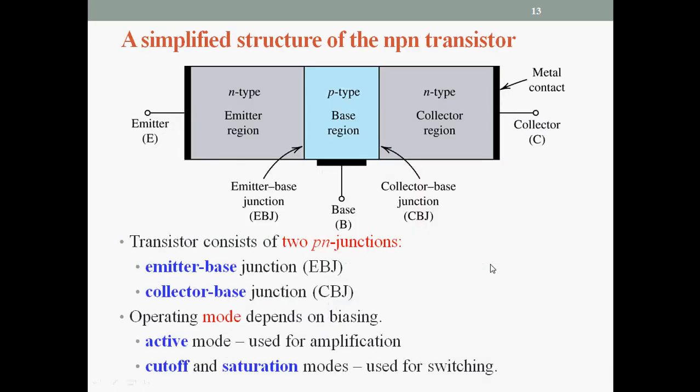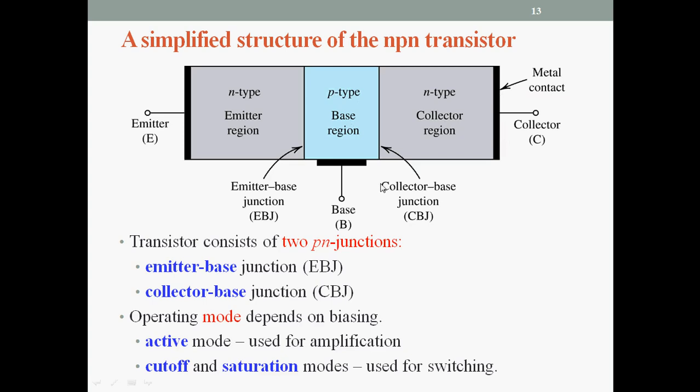Now for this BJT, we can see a simplified structure of an NPN transistor. First, for the emitter, we can see here this is the N-type emitter region, the P-type base region, and again an N-type collector region. Whereas these are nothing but the metal contacts.